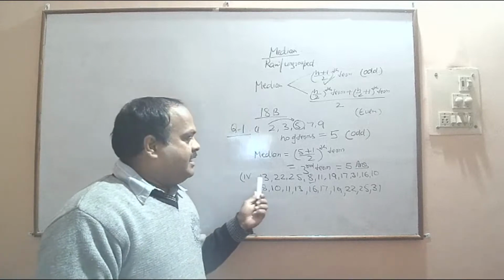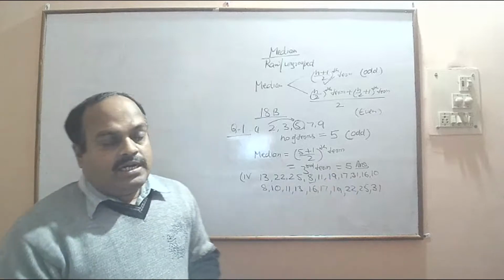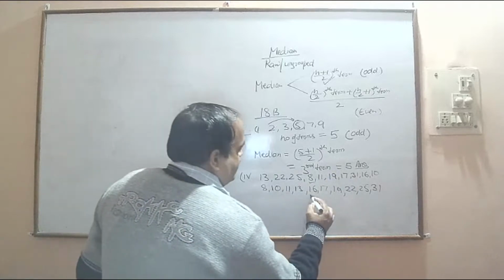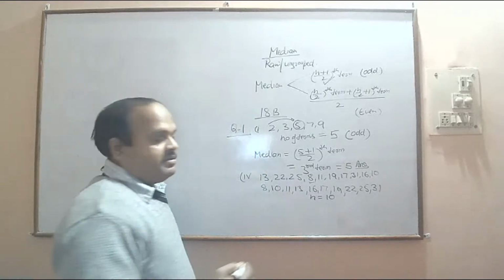So I have arranged these observations in ascending order and counted. N is 10, which is an even number.